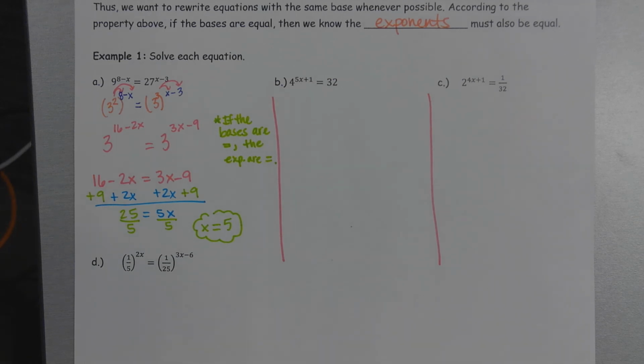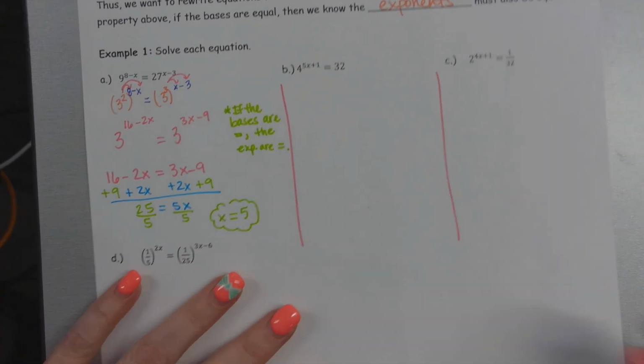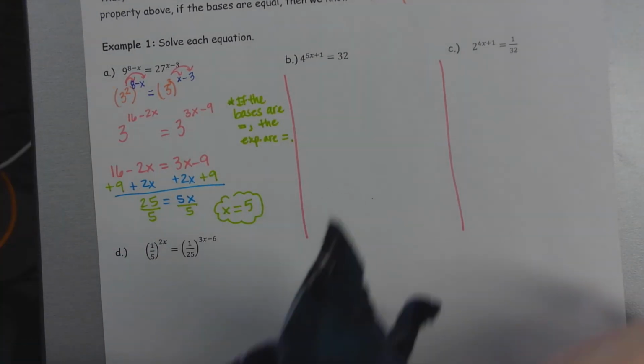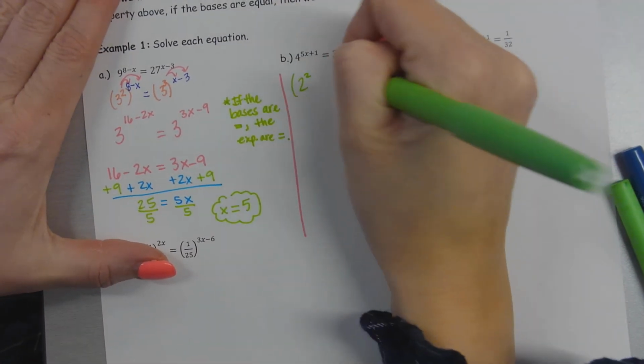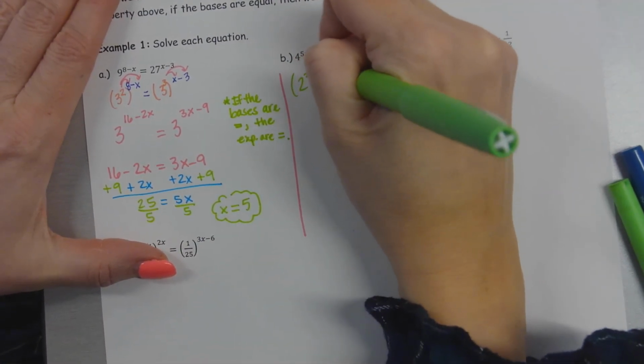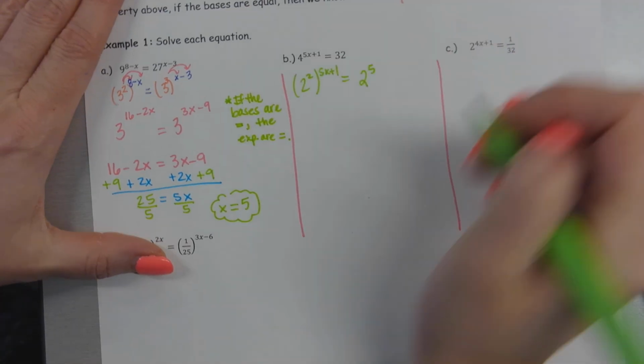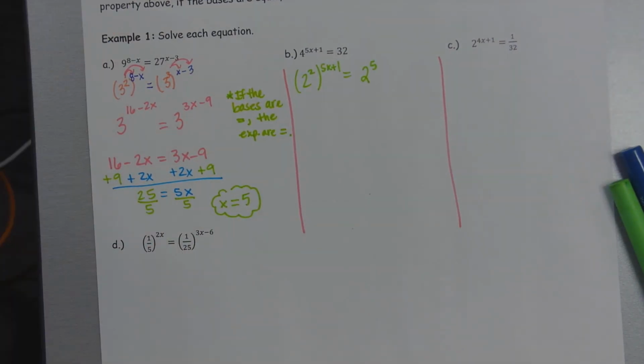Okay, so Titan, tell me how you rewrote 4. Good. Okay, so base of 2, 2 squared, and then how'd you rewrite 32? 2 to the 5th. Great. Now, on this side, you do have to distribute.